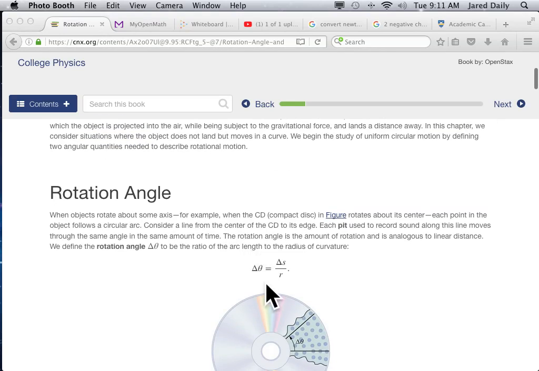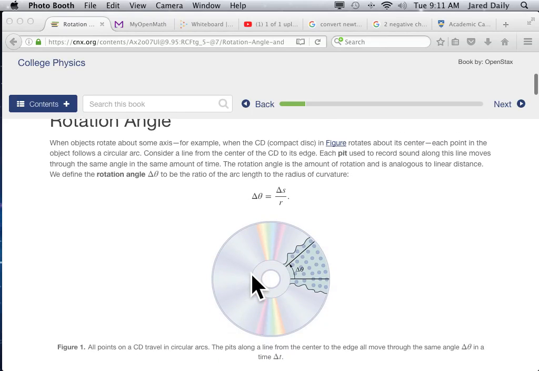So we start with our delta theta. Now delta theta is a rotation through an angle. It has nothing to do with a distance unless you know how far out your point is that you're talking about. In other words, you have to know this radius before delta theta means anything with distance, because delta theta is just angle.